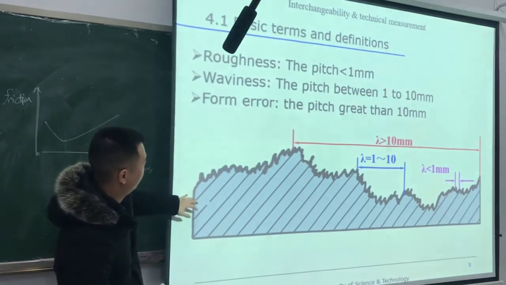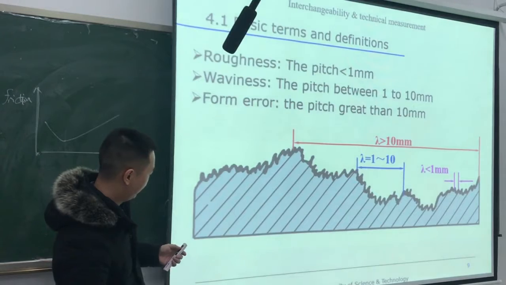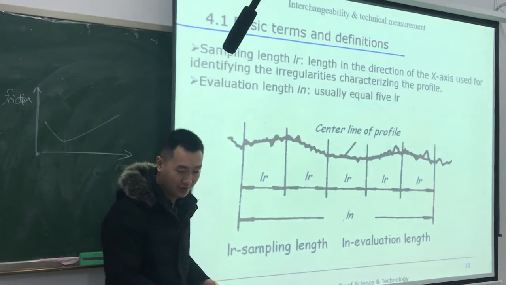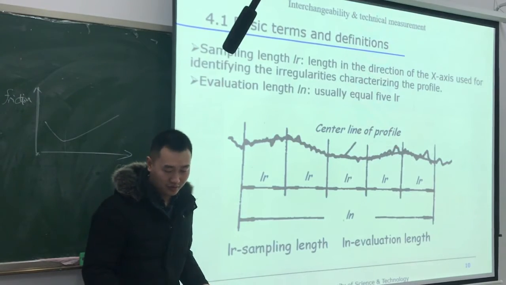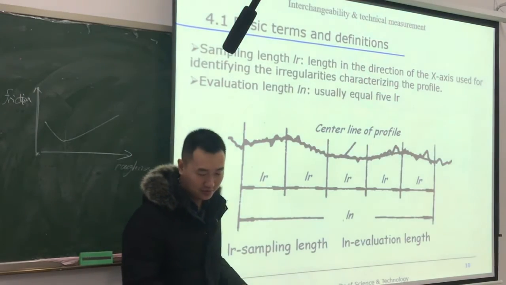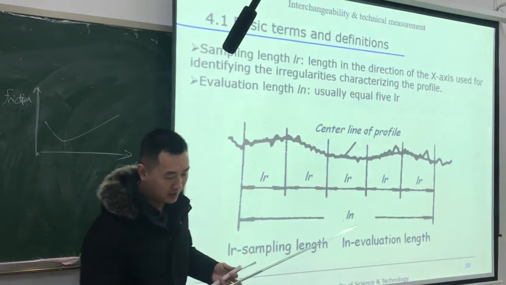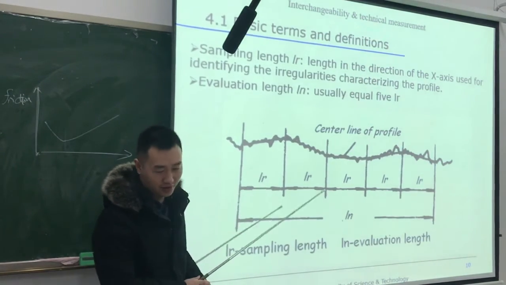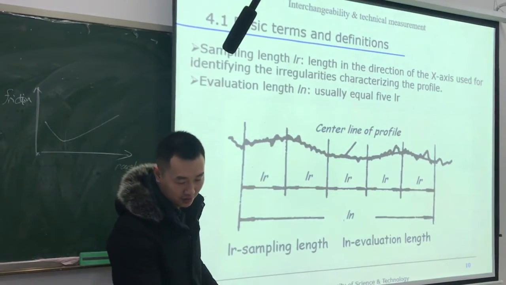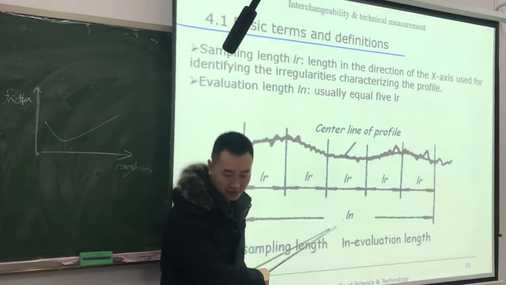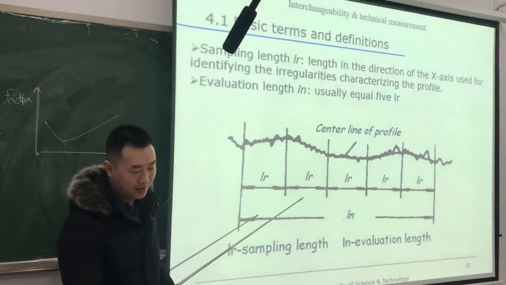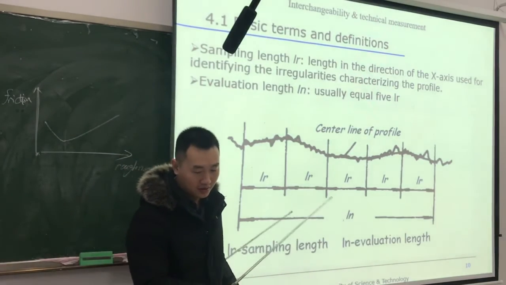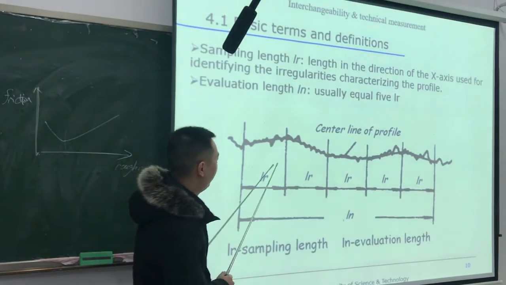So how do we measure the roughness? We need to sample the profile. There is the definition of the sampling length, lr. It's the length in the direction of the axis used for identifying the irregularity characterizing the profile.